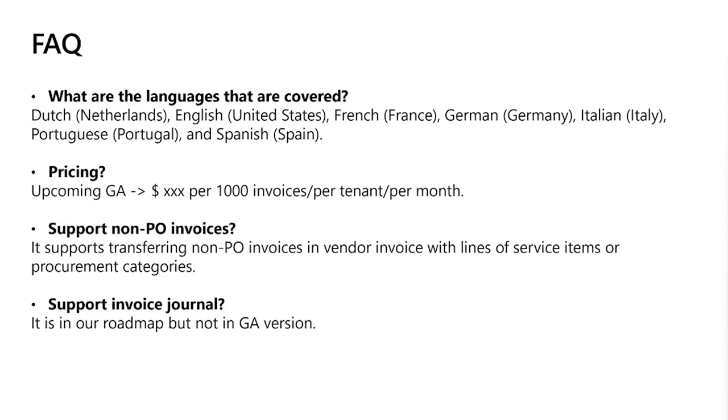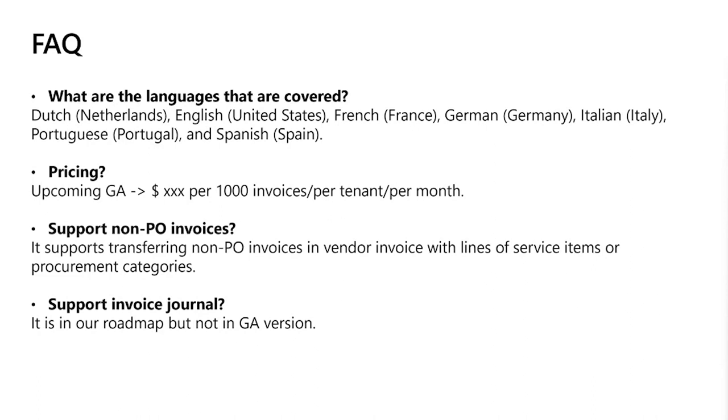Meanwhile, there are also quite a few questions asked by customers before, and we collected and listed the most common ones here. First is what are the languages covered in our solution. In the GA version, or even in the current version, we support Dutch, English, French, German, Italian, Portuguese, and Spanish.